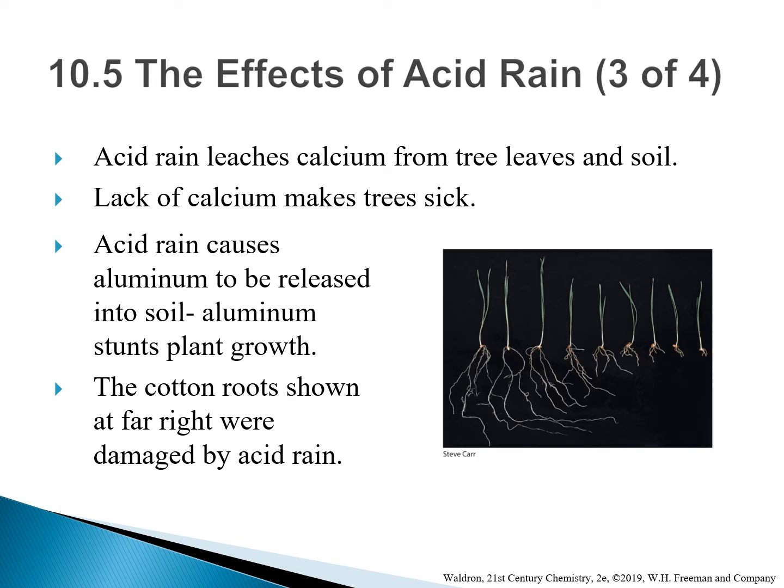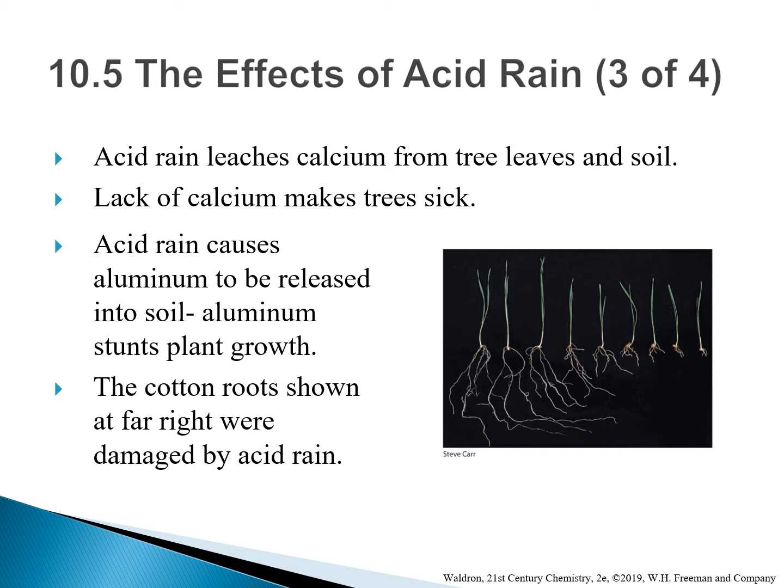However, when the pH drops due to acid rain, the aluminum minerals begin to dissolve and toxic aluminum ions are released into the soil. Aluminum stunts the growth of healthy roots, as shown in the figure to the right. It also reduces the amount of calcium the tree takes in through its roots, and it kills healthy bacteria in the tree.